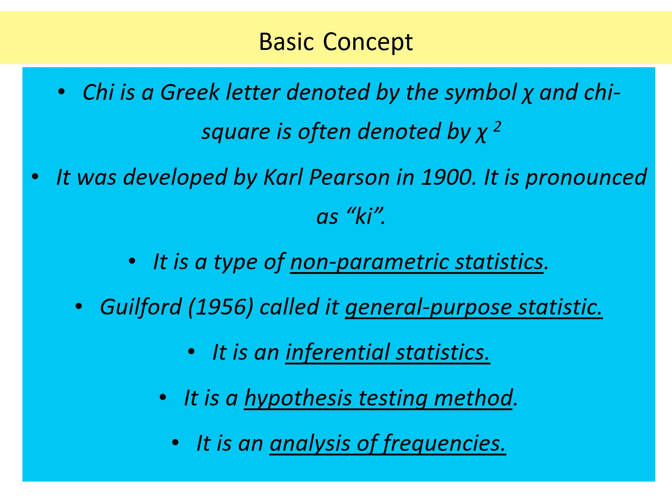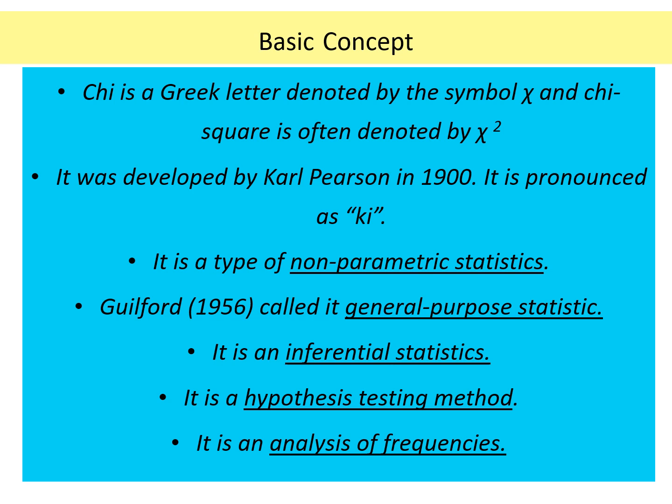Now in the next point, it is a type of non-parametric statistics. So from here you can idealize that whatever assumptions non-parametric statistics need to follow, chi-square follows all those assumptions and criteria. Guilford in 1956 called it general purpose statistics.